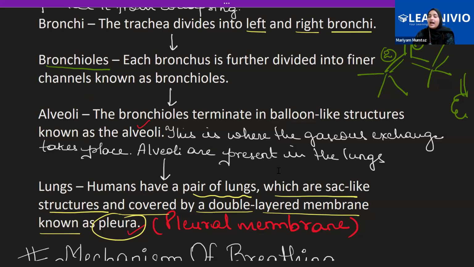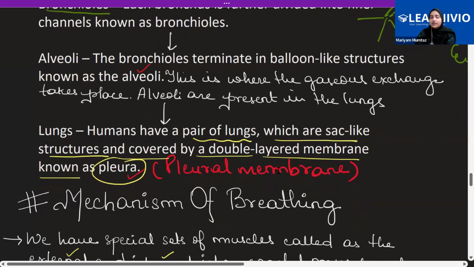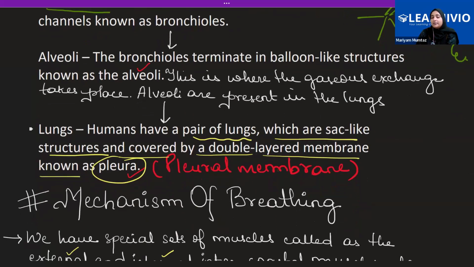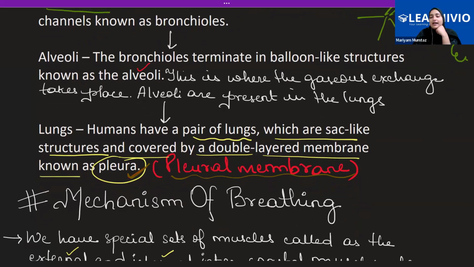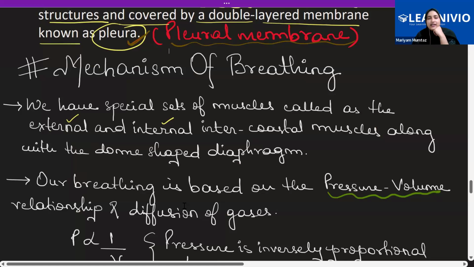So us humans, we have one pair of lungs and they are sac-like structures and they are covered by a double-layered membrane, which is called the pleura, or you can call it the pleural membrane. Is it clear? Yes, ma'am. Okay.